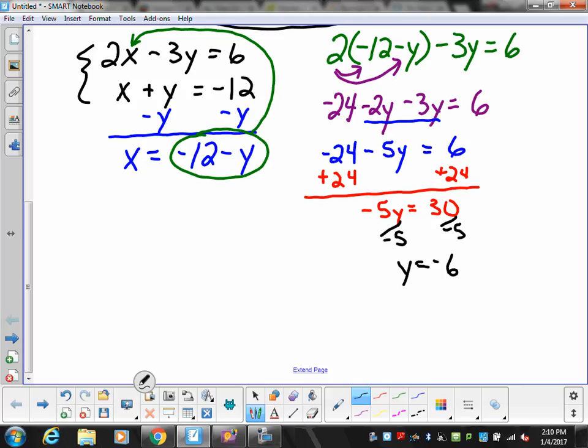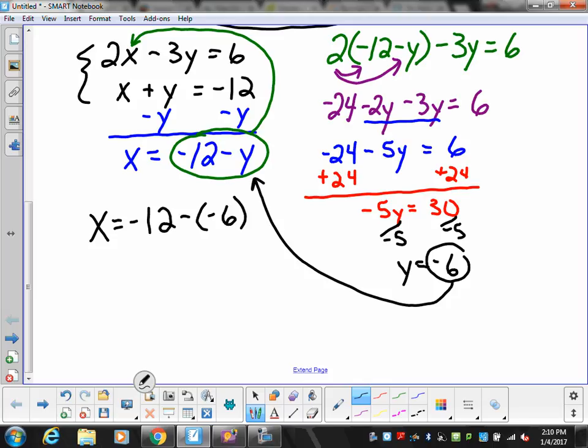Alright, so I found y, and what I need to do with that? Plug it back in, for y, in this expression that's already solved for x. So x equals negative 12 minus a negative 6. And don't forget to put the minus and the negative with that, because it's a minus y and then y is a negative, so you have to have the minus and the negative.